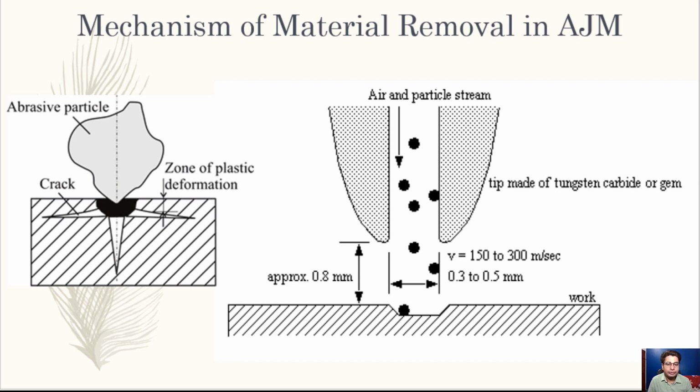Speaking about the physics of the process, we may say that fine abrasive particles are accelerated in a gas stream as air and particles enter the stream and impinge onto the workpiece. The abrasive particles are directed towards the focus of machining. This is the focus of the machining process. As the particles impact the surface, it causes a microfracture and gas carries fractured particles away.